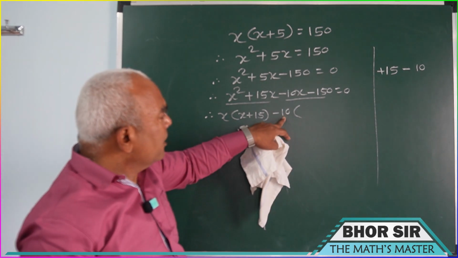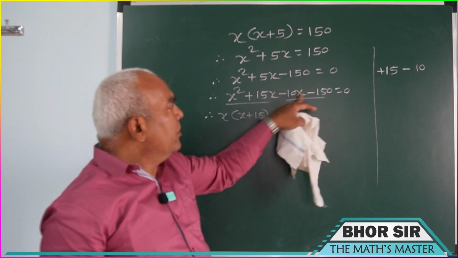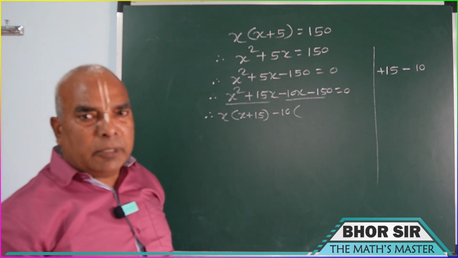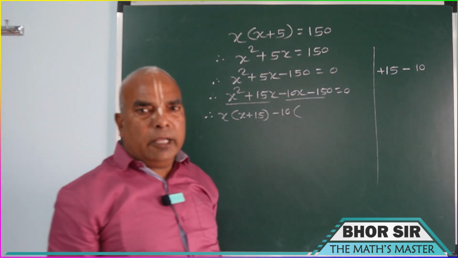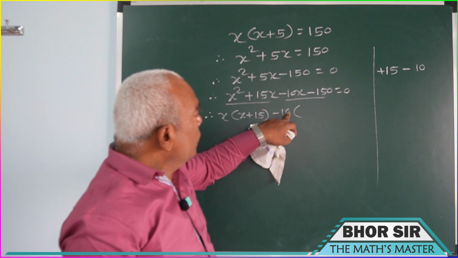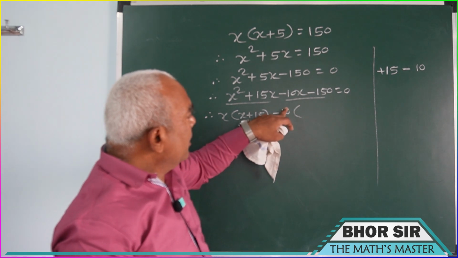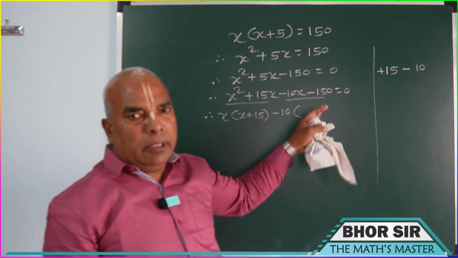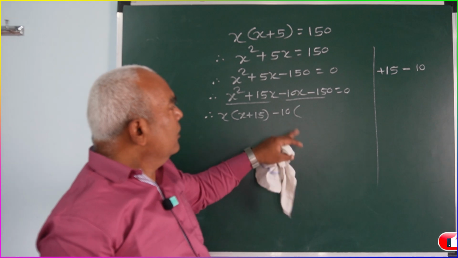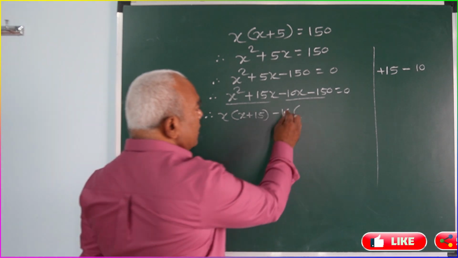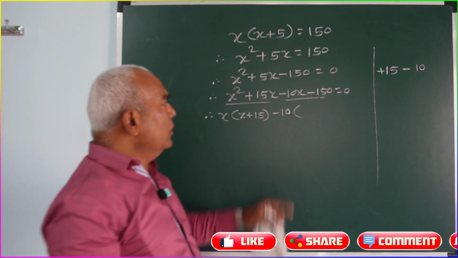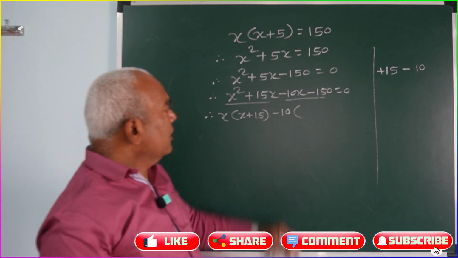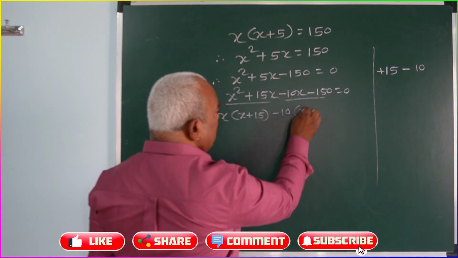Now we can write 10 directly because 150 and 10 are in the same table, but sometimes the number is not directly in the table. At that time we should write such a number by which both numbers are divisible, and this number should be the maximum, as large as possible, and it should divide both numbers. Minus 10. 10, 10 cancel, x coming only.